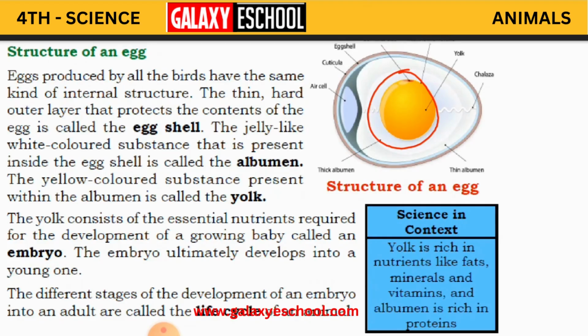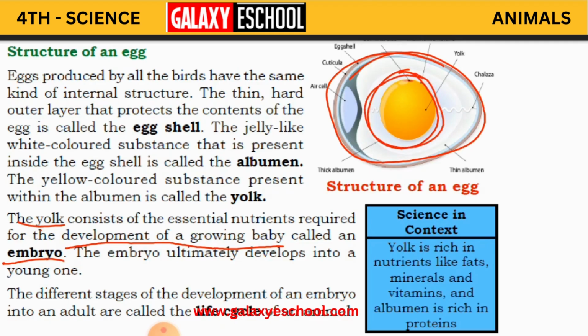The egg here has to develop, to grow a baby. And this development of a growing baby is called an embryo. Where is this? This is in the yolk, the yellow yolk.